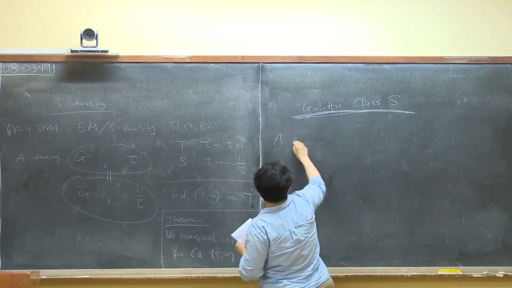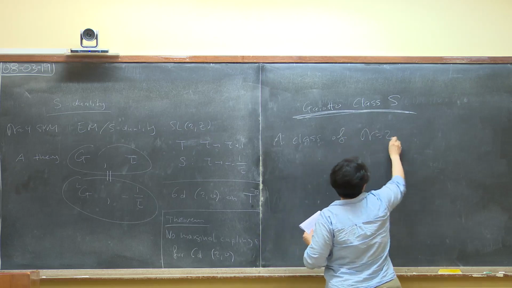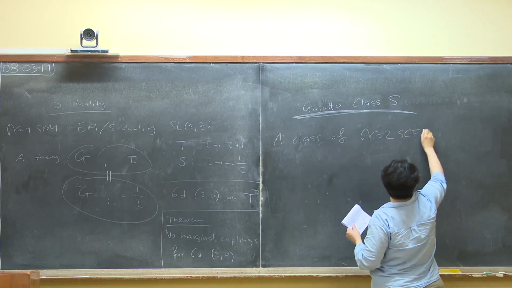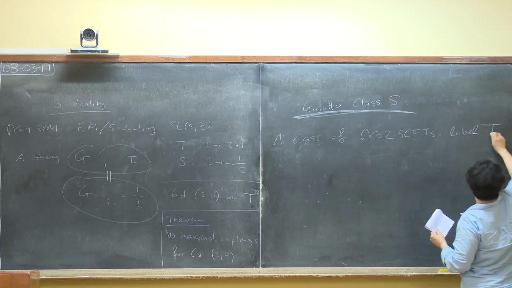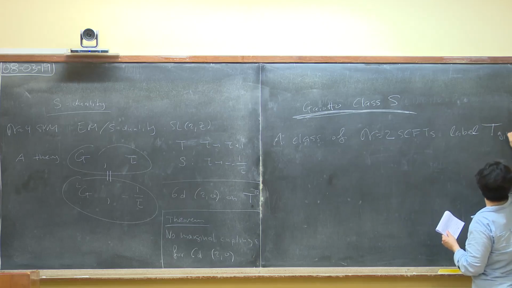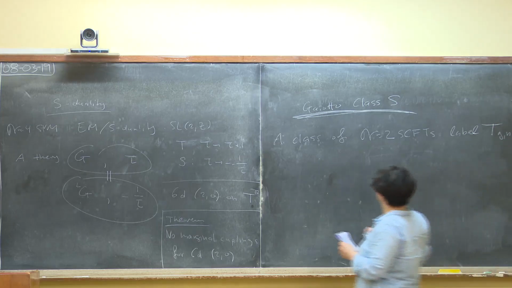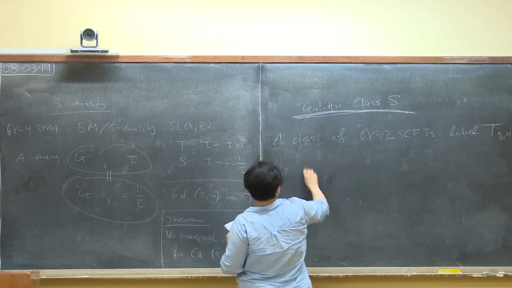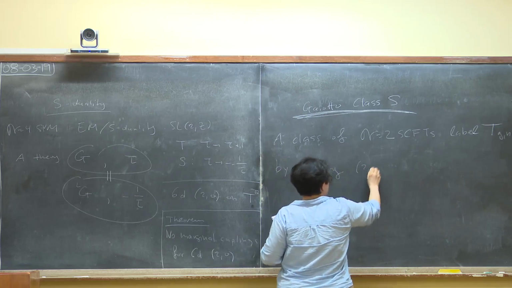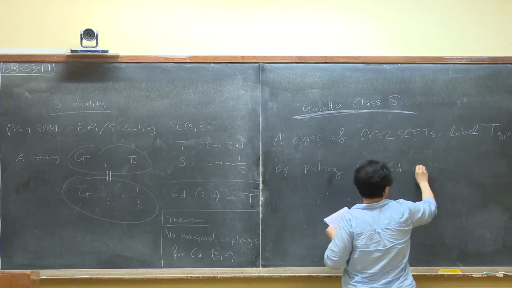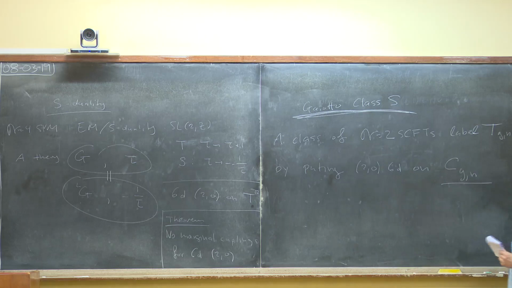We can get a large class of N equal to 2 theories, and we label them theory G, comma n. So this is the genus of the surface, and this is the number of punctures, on some Riemann surface with genus G and n punctures.